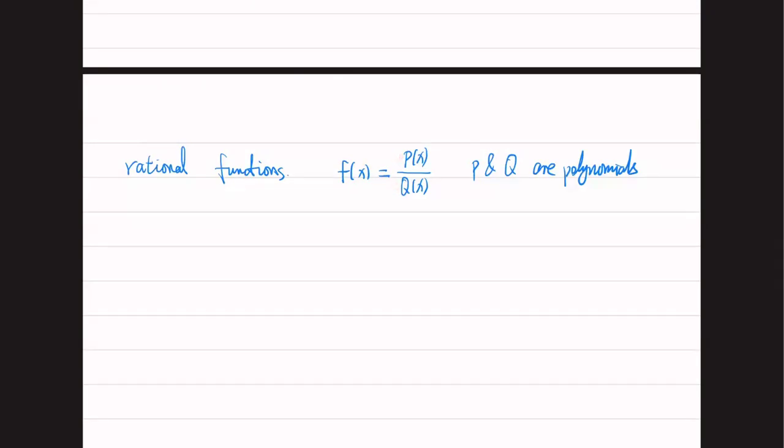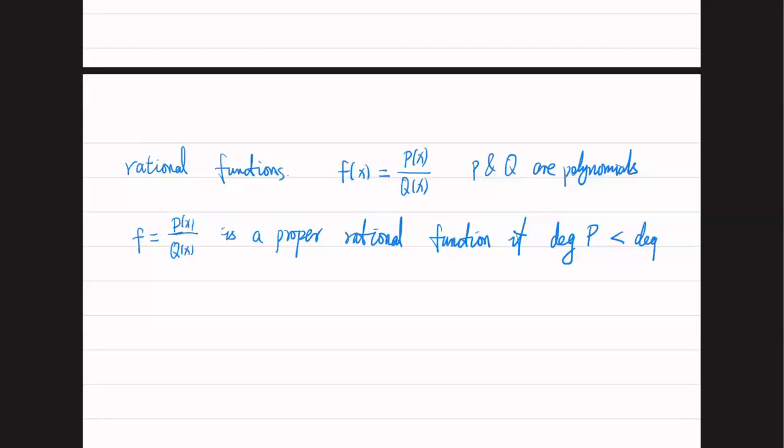We say it's a proper rational function if the degree of the numerator is less than the degree of the denominator.